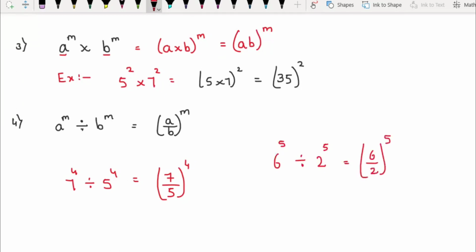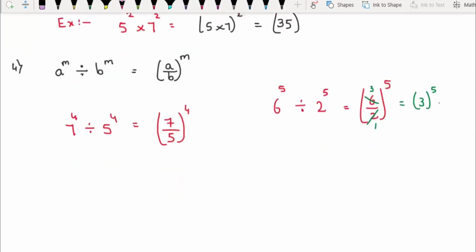As you can see, the numerator and denominator we are able to cancel. So 2 ones are 2 and 2 threes are 6. Your final answer is going to be 3 to the power of 5. So if it is possible to cancel a numerator and denominator, don't hesitate to cancel. Okay, let us go with the fifth one.